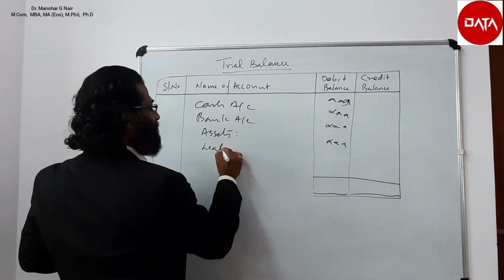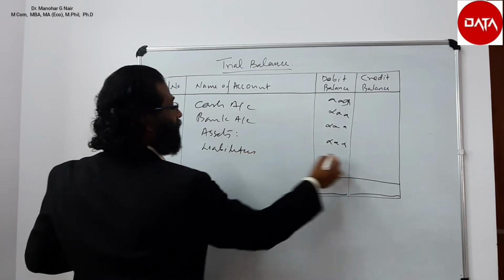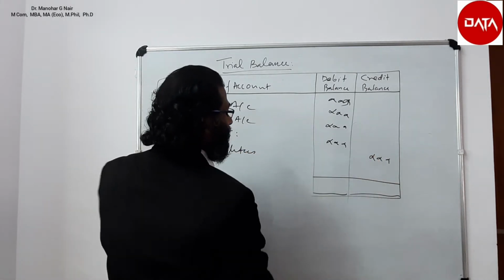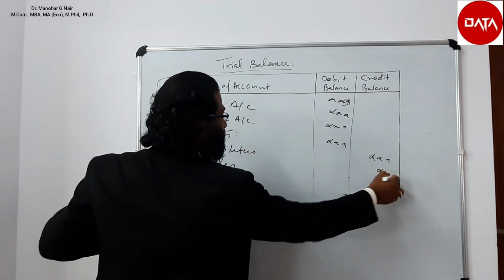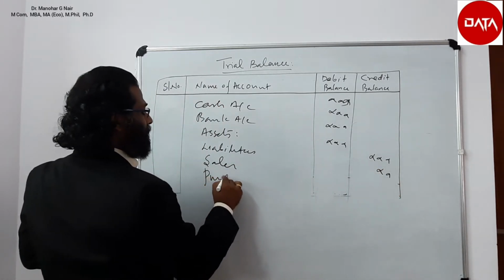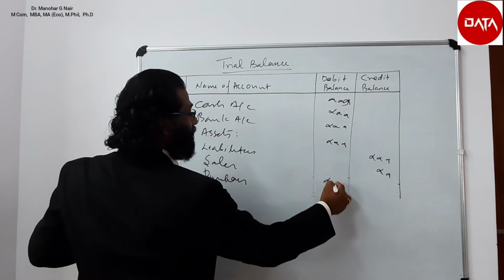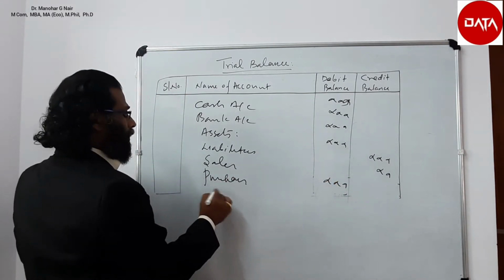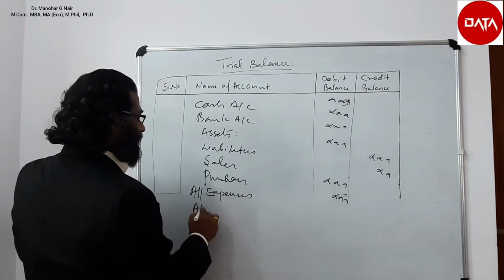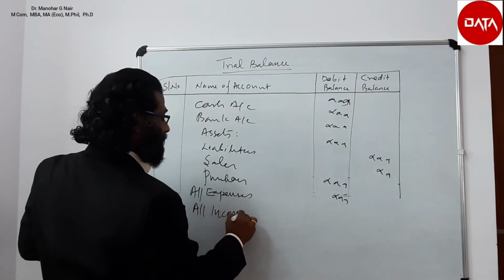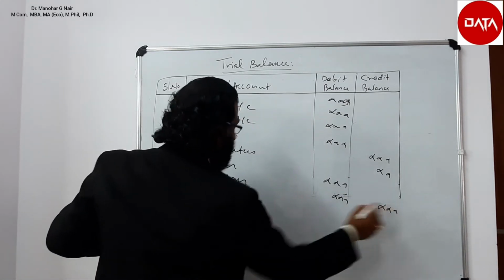All liabilities will be showing credit balance. Sales, credit balance. Purchases, debit balance. All expenses, debit balance. All incomes, credit balance.